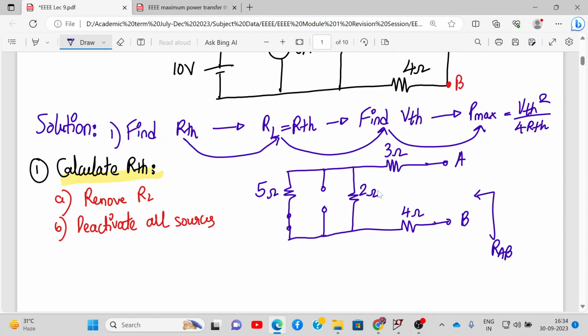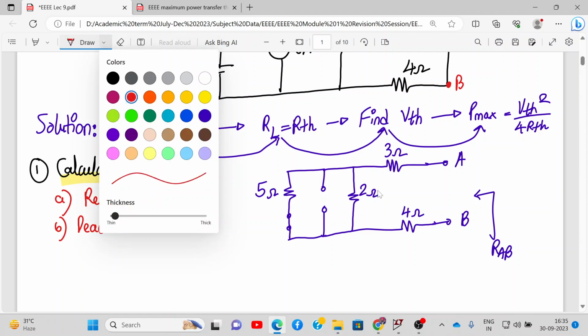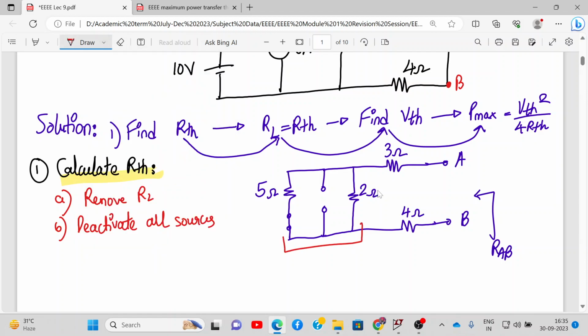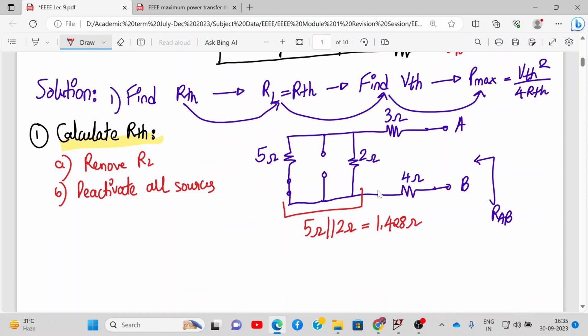So how do we do that? If you see carefully over here, this is open circuit, so this 5 ohm resistance is in parallel with the 2 ohm resistance. 5 ohm parallel to 2 ohm will give you 1.428 ohms. Now we draw the circuit again. We have 1.428 ohms, then 3 ohms, and 4 ohms.